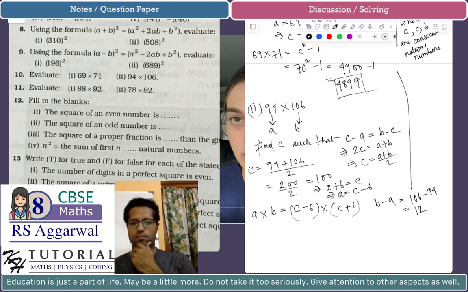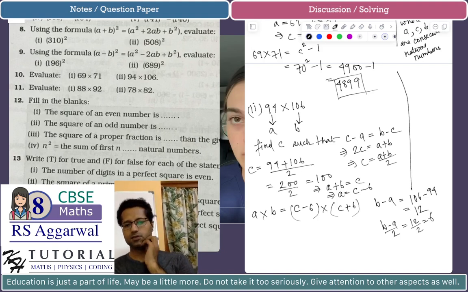So (B minus A) by 2 is equal to 12 by 2, which equals 6.